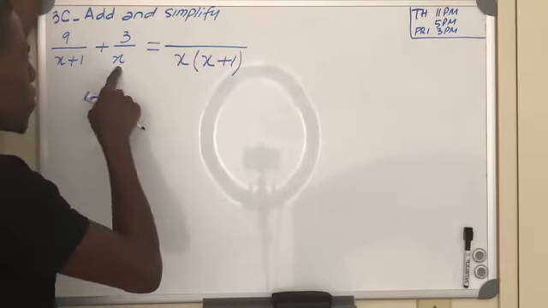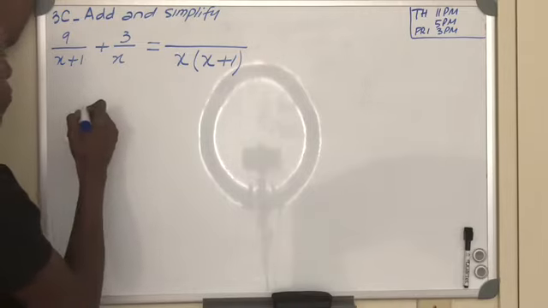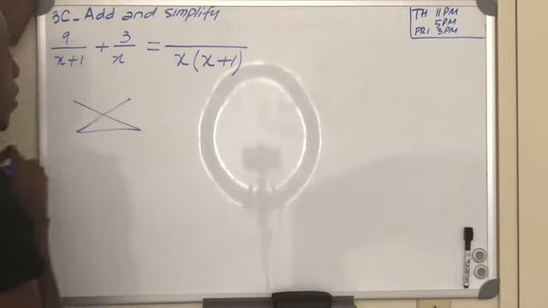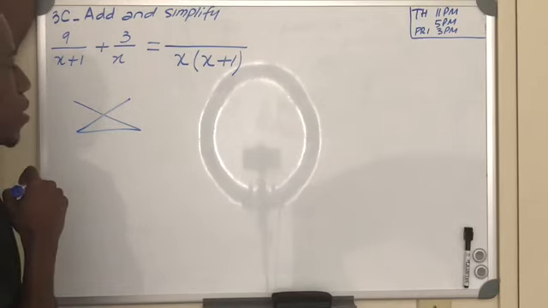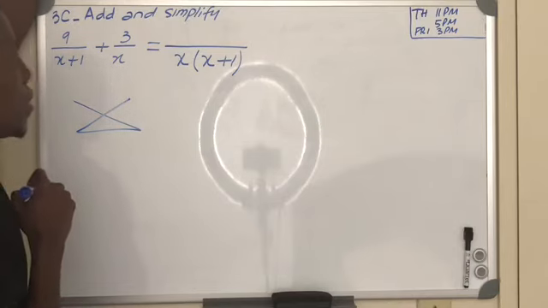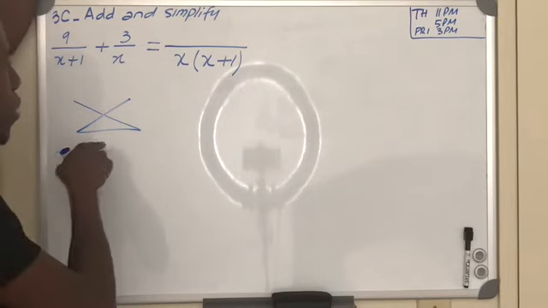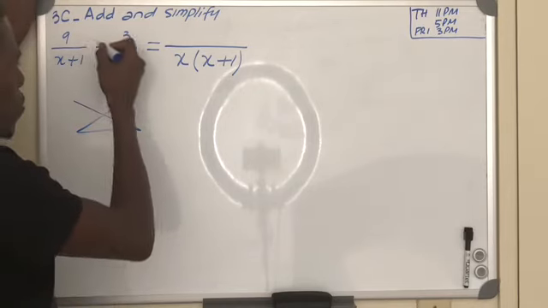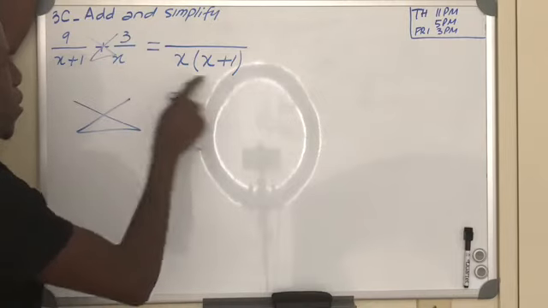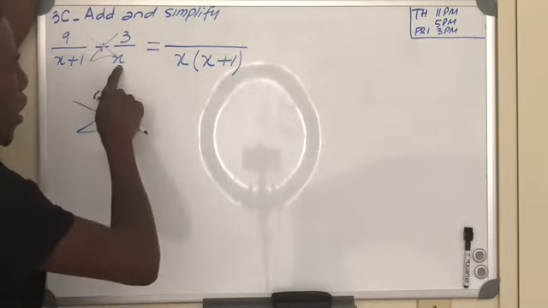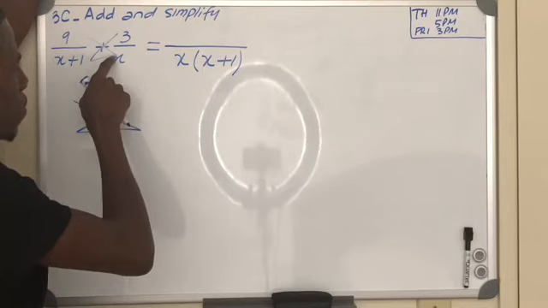Remember the sign I told you when I was doing how to add and subtract fractions? This is the sign you need to remember. If I do this sign right here, what do I get? I have to multiply these two and get the denominator. I have to multiply this x, you see the arrow?